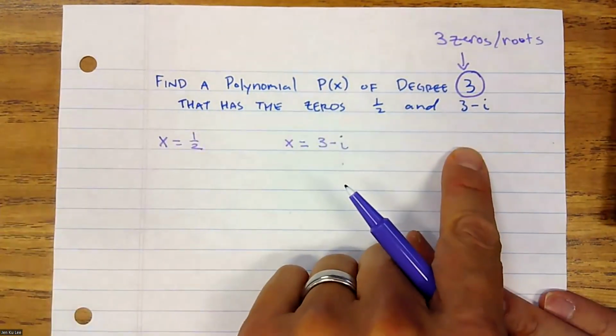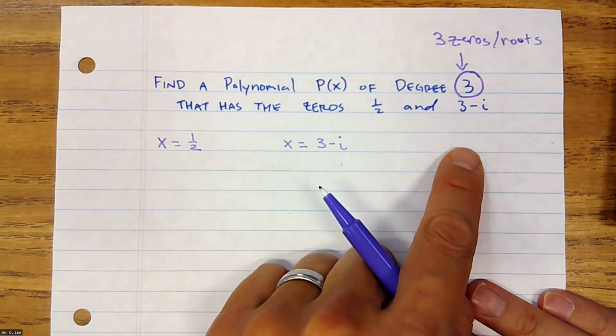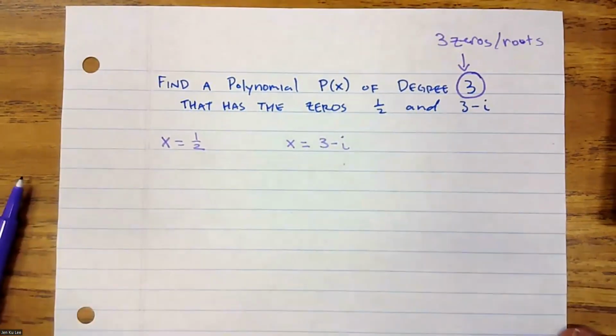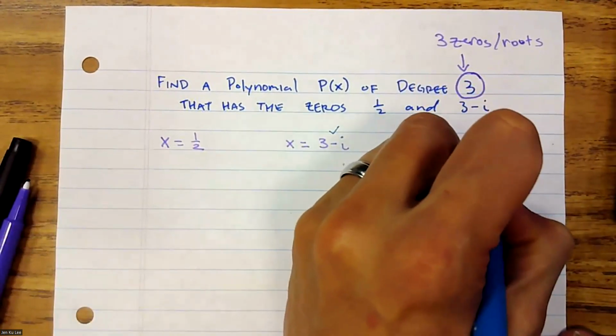What's my other 0 then? Three plus i, the conjugate to 3 minus i, right? So it's always going to be the conjugate of this, which is 3 plus i.